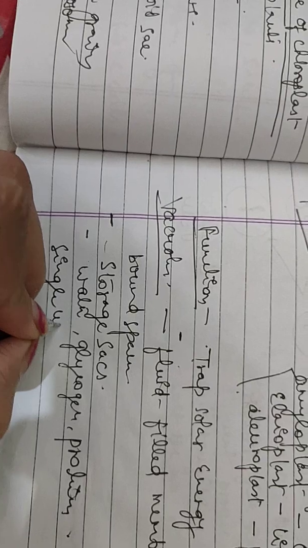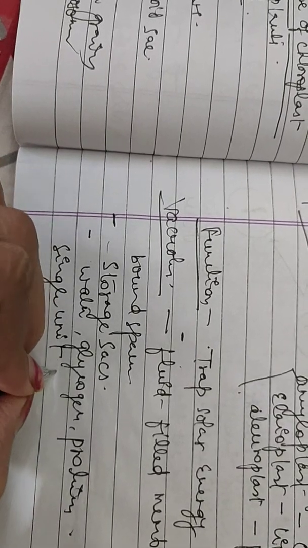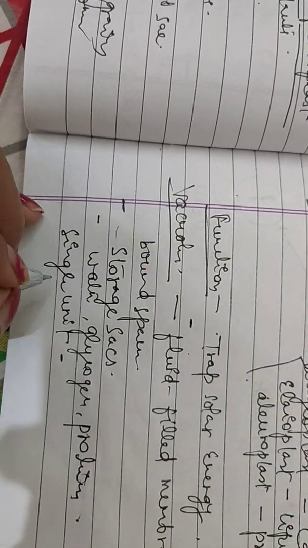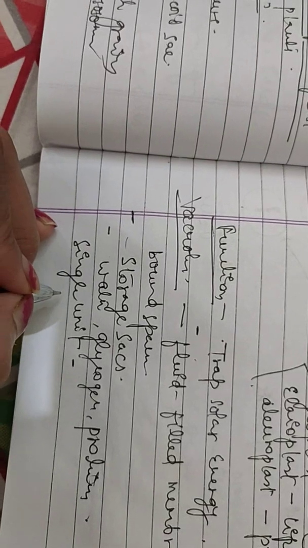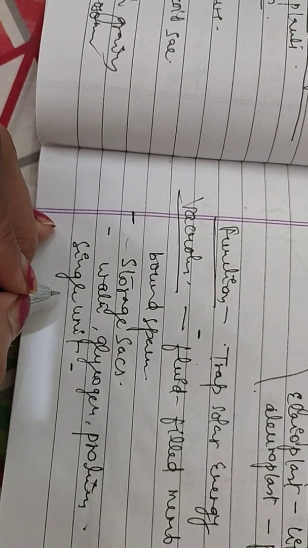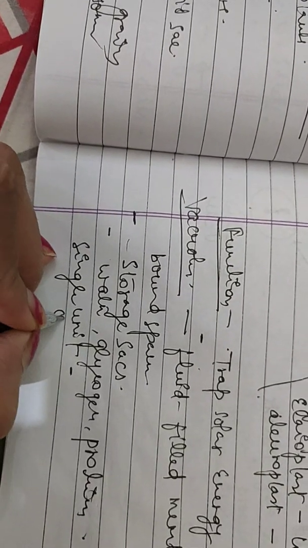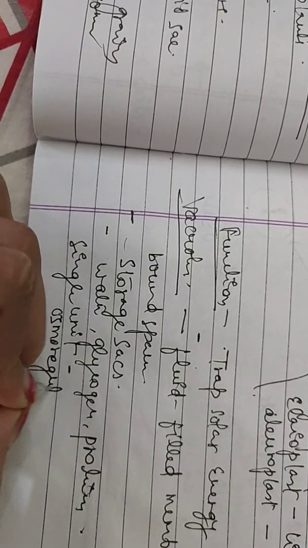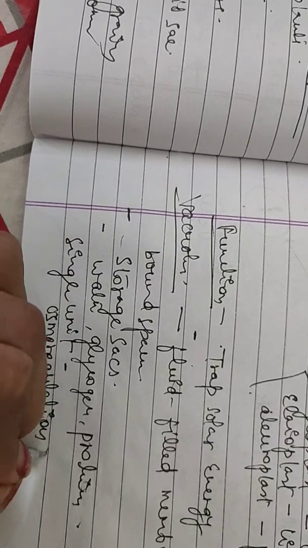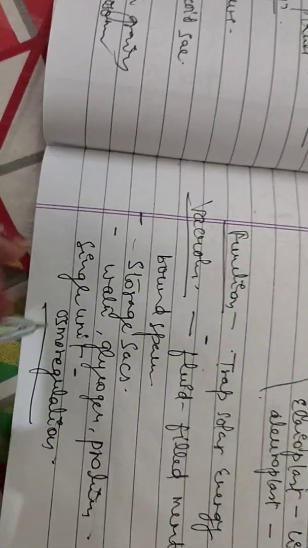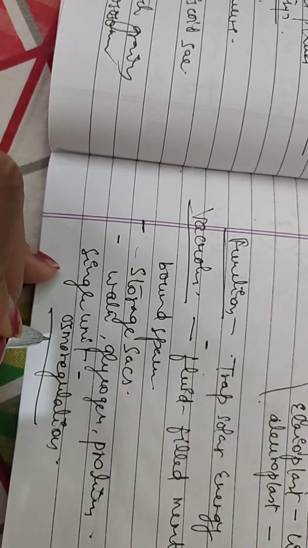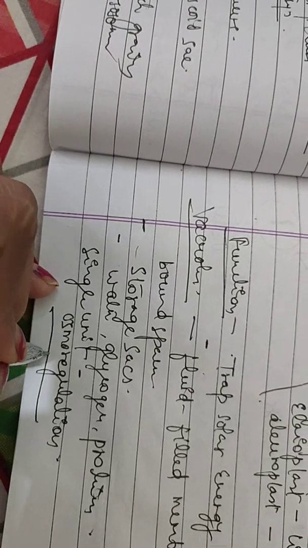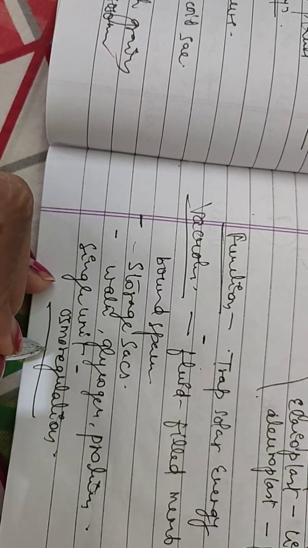Point to be remembered, single unit membrane, and it is often associated with the maintenance of water balance, or you can say osmoregulation. Osmosis you have studied, and this is called osmoregulation, meaning maintenance of water balance.